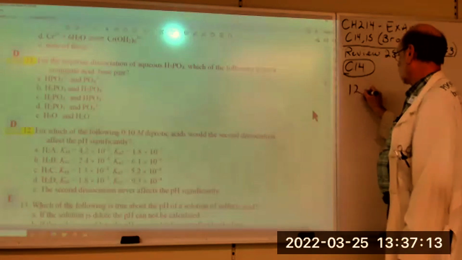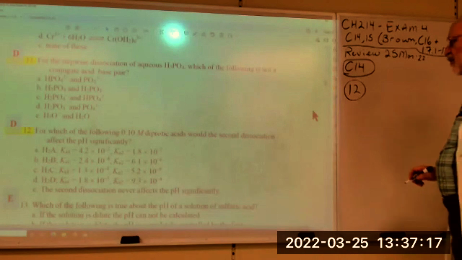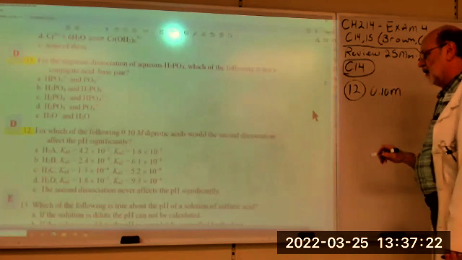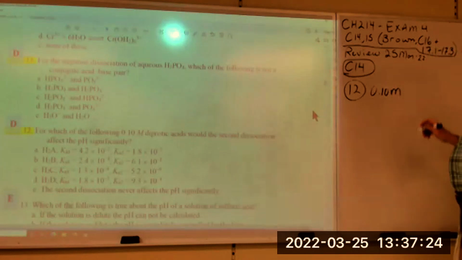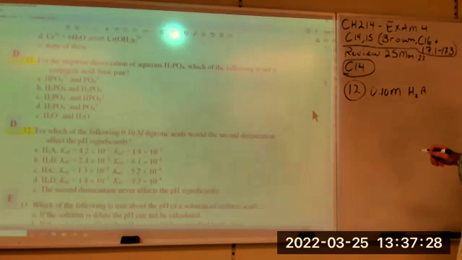12. For which of the following 0.1 molar diprotic acids, so it has two protons like that, would the second dissociation affect the pH significantly?